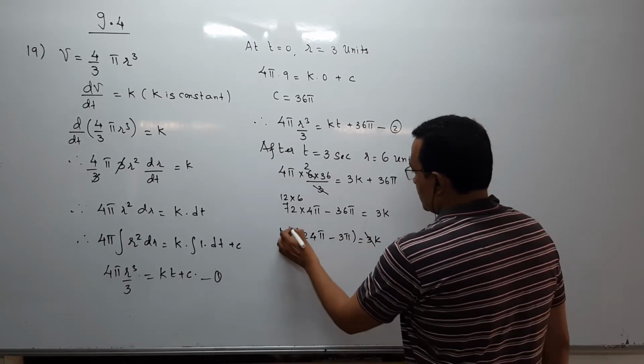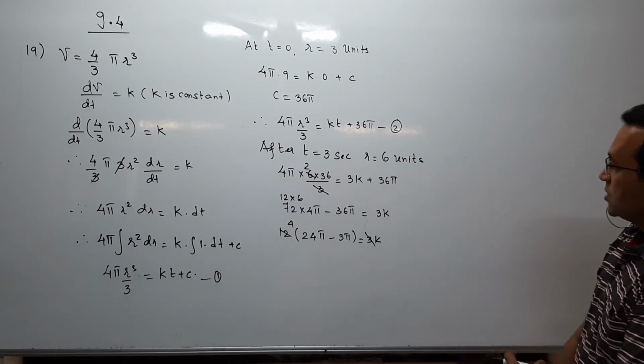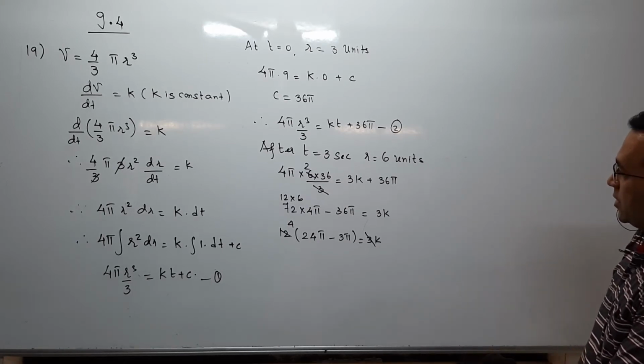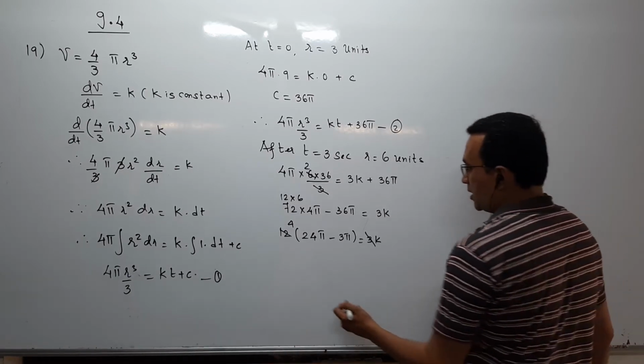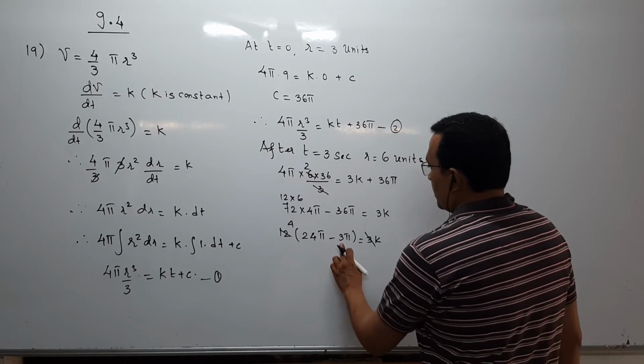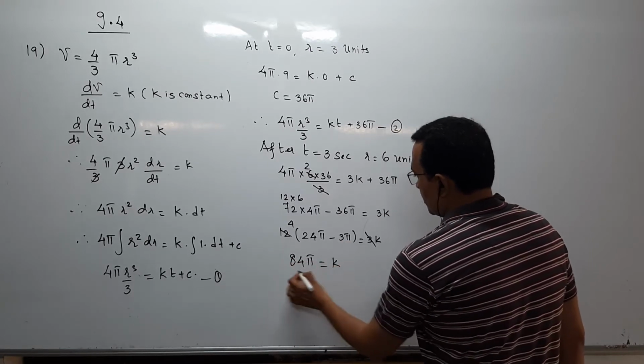From this, I have taken 12 common, so 24, and here 3, 24 minus 3 is 21, 21 pi into 4, so 84 pi is equal to 3k.